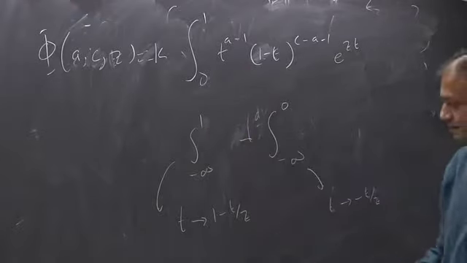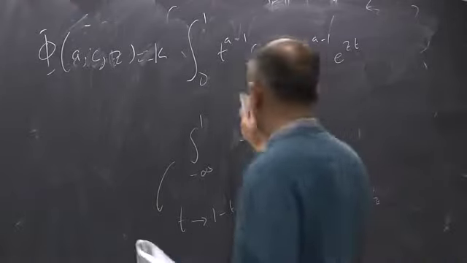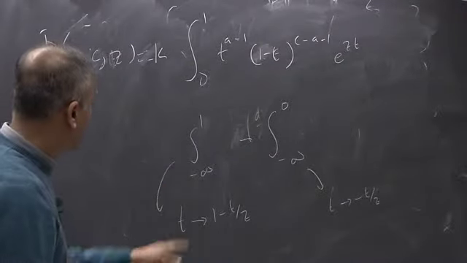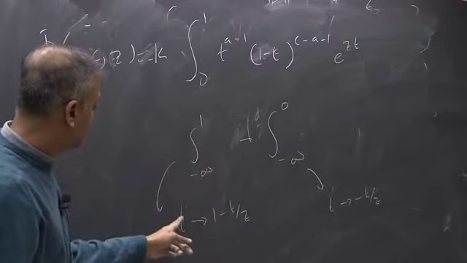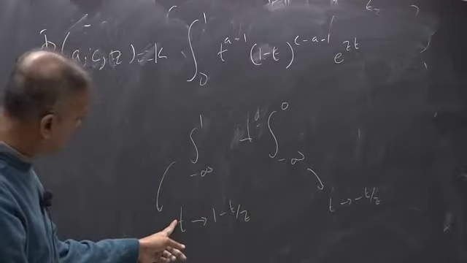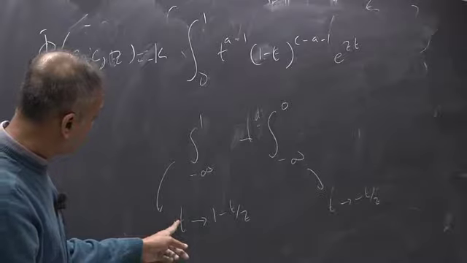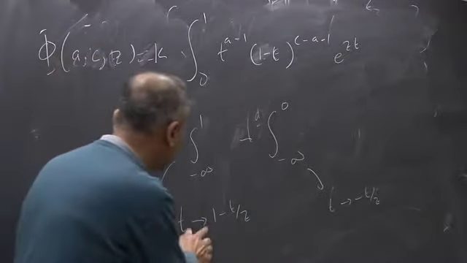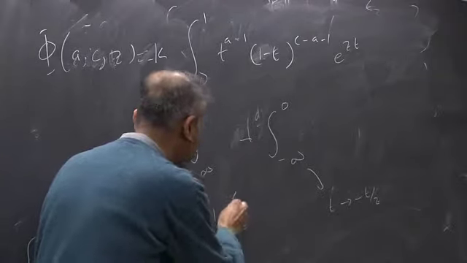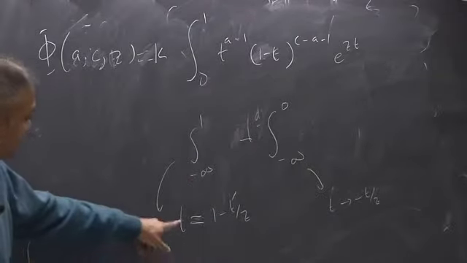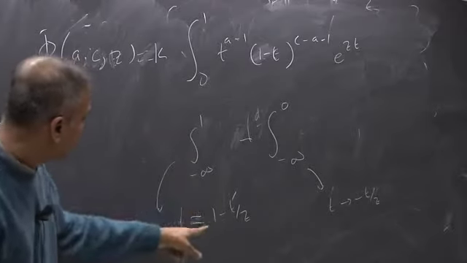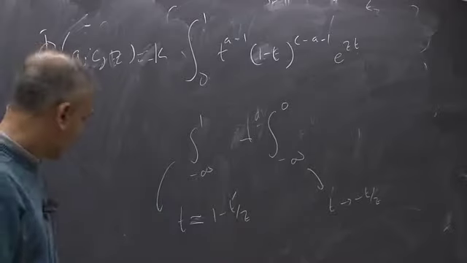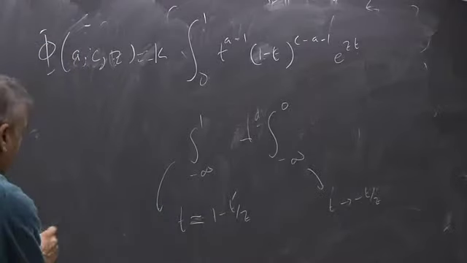Then the first integral becomes, from minus infinity to 1, with t equal to 1 minus t prime over z. When t is equal to 1, t prime is 0, and when t is equal to minus infinity, t prime is plus infinity. So this becomes 0 to infinity.